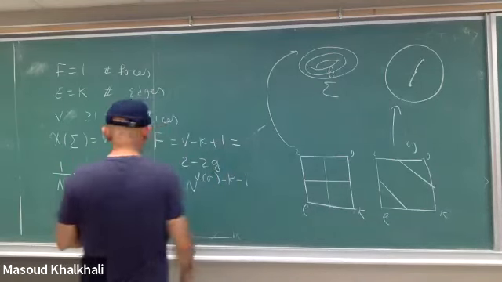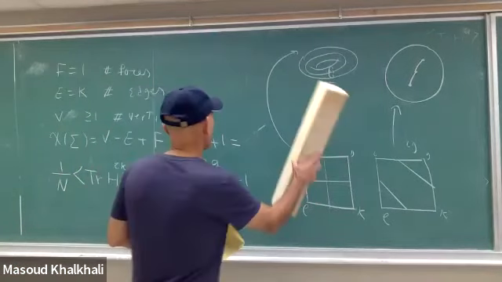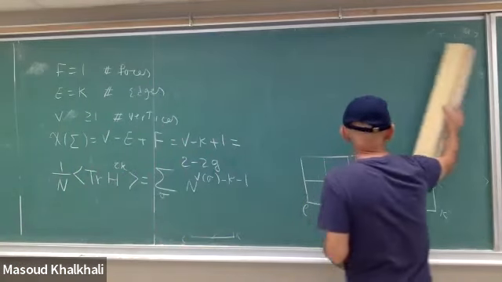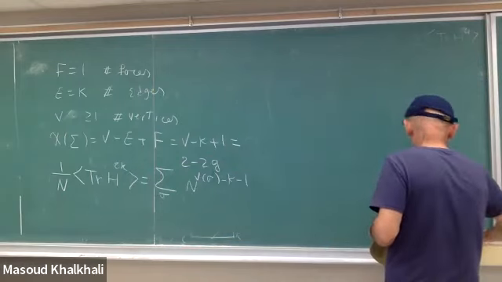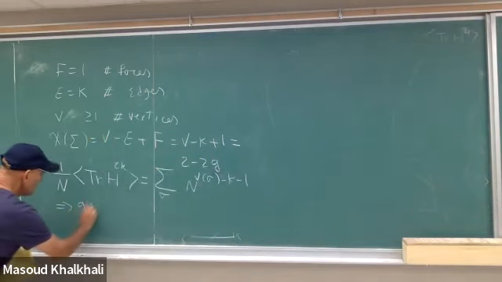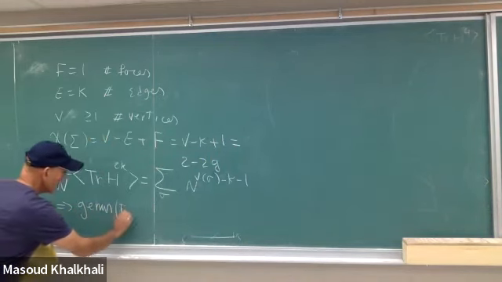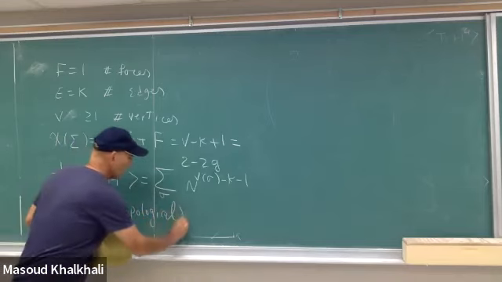Using this Euler characteristic in terms of genus, you obtain something called the genus expansion, also called the topological expansion.